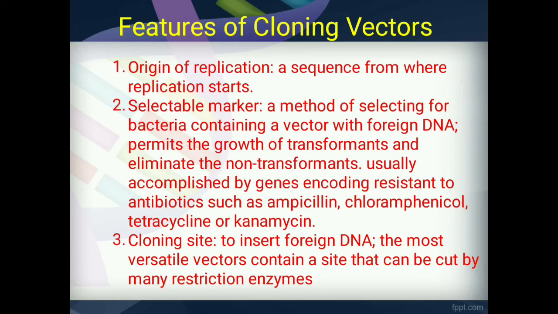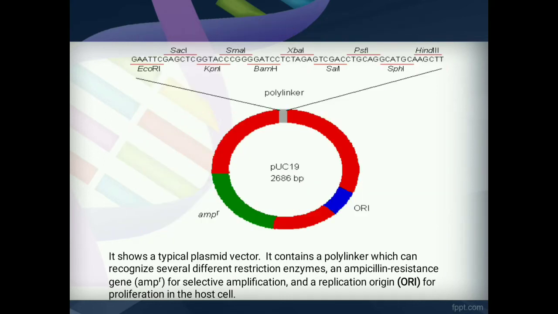The most versatile vectors contain a site that can be cut by many restriction enzymes. So here you can see a typical vector. There are many vectors. Examples are the Ti plasmid or YAC, yeast artificial chromosome.